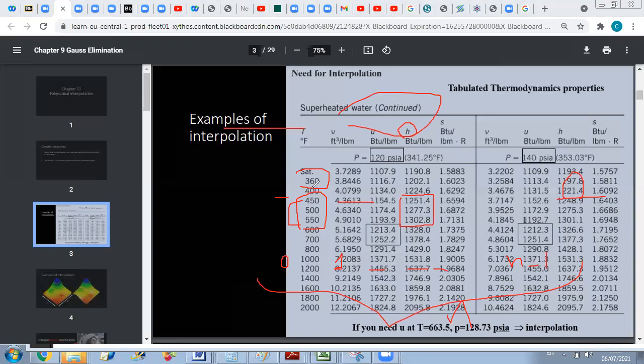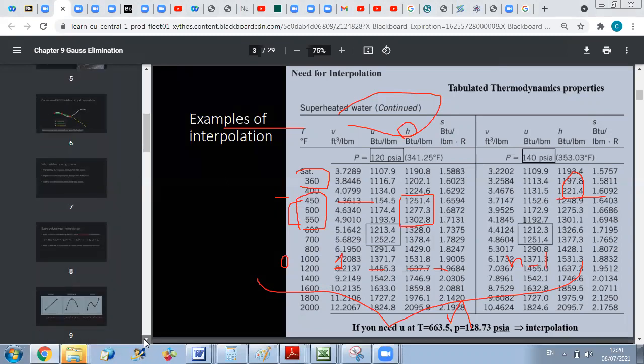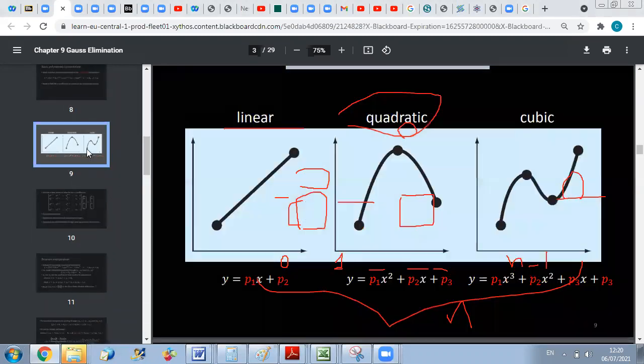You can do several interpolations, linear, quadratic. Usually in such tables we do linear interpolation, but this does not mean that it's wrong if you do another type of interpolation. Now what will change is the number of unknowns.